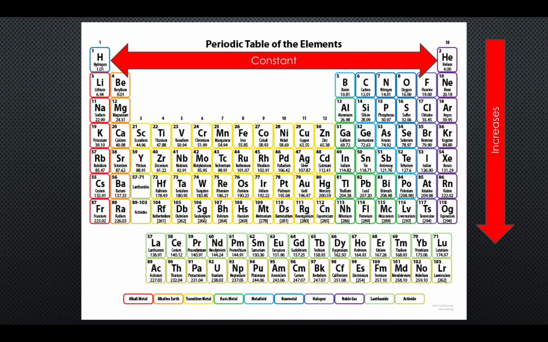Please review the terms and the definitions, and most importantly, the trends, as in where it increases in the periodic table, where it decreases, or where it stays constant. The things that you have to understand are the four trends, which are the atomic radius, electronegativity, the shielding effect, and ionization energy.